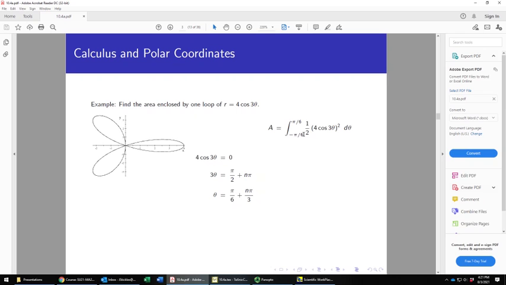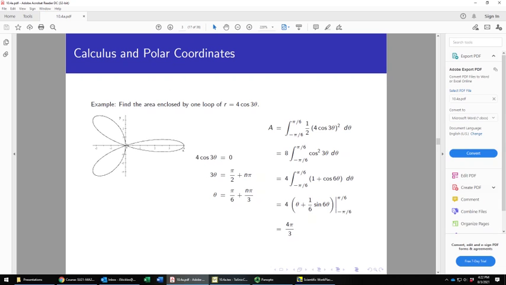Plugging into the formula, our endpoints are negative pi over 6 to pi over 6, of 1/2 r squared d theta, or 1/2 times (4 cosine 3 theta) squared d theta. Simplify, pull the constant out, use our power reducing formula, find an antiderivative, plug in the endpoints, and get 4 pi over 3 in this case.